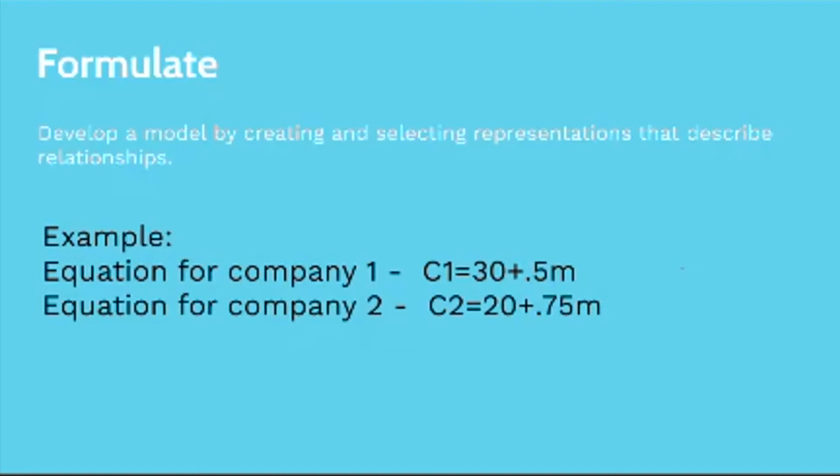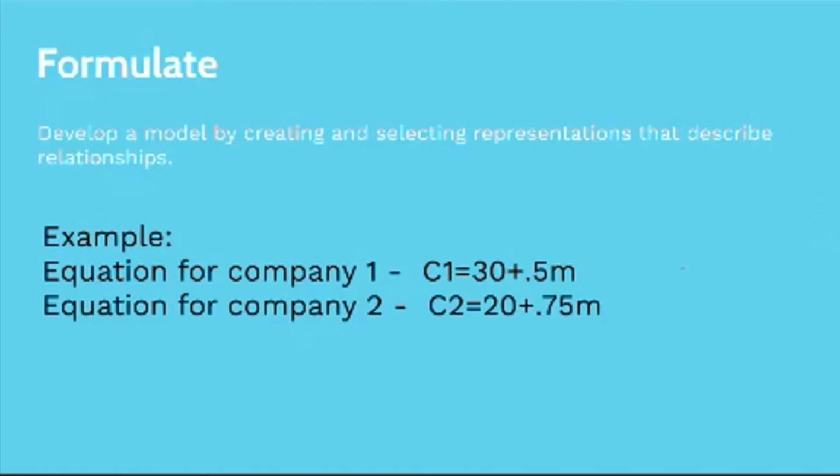So for the first part of the problem, we identify what the variables are. And in Formulate, we're going to come up with an equation or some kind of representation of the relationships between those variables. Remember, in the problem, we decided that our variables would be C1 for the cost of company one, C2 for the cost of company two, and M would represent how many minutes.